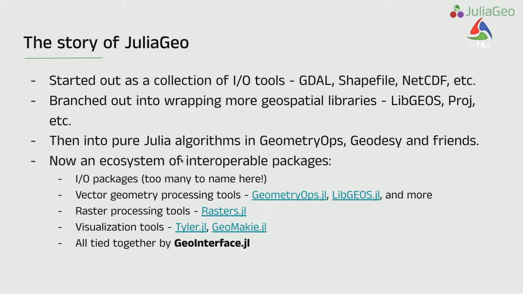There's lots of I/O. Most vector geometry formats, your GeoJSON, your shapefile, GeoArrow for instance, you can do I/O on all of those. Of course, we also have I/O for raster data, so netcdf, Zarr, and a bunch of other things like that.